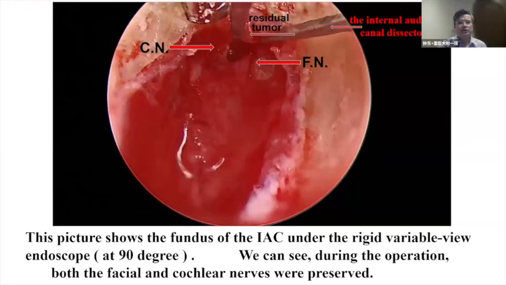This picture shows the fundus of IAC under the digital variable view endoscope at 90 degrees. We can see during the operation, both the facial and cochlear nerve were preserved.